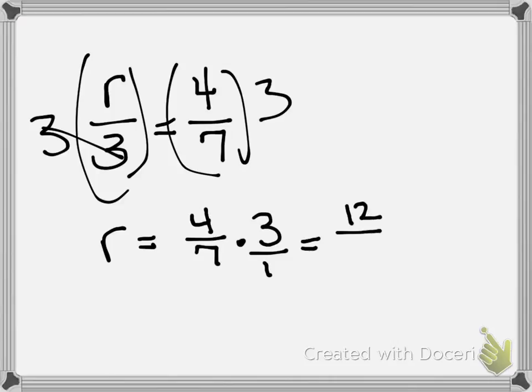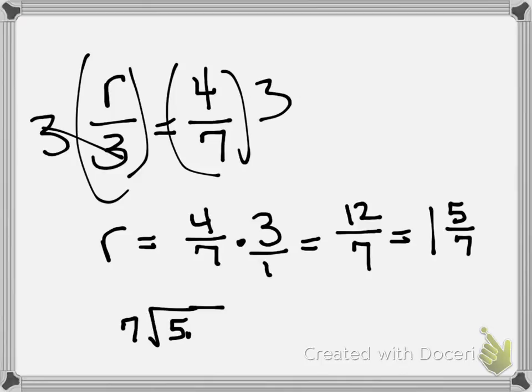That's 12 over 7. Or, if your answer choices appear as improper fractions, that's 1 5/7. Or, if they were a decimal, that would be approximately 0.71. So that should help you with those.